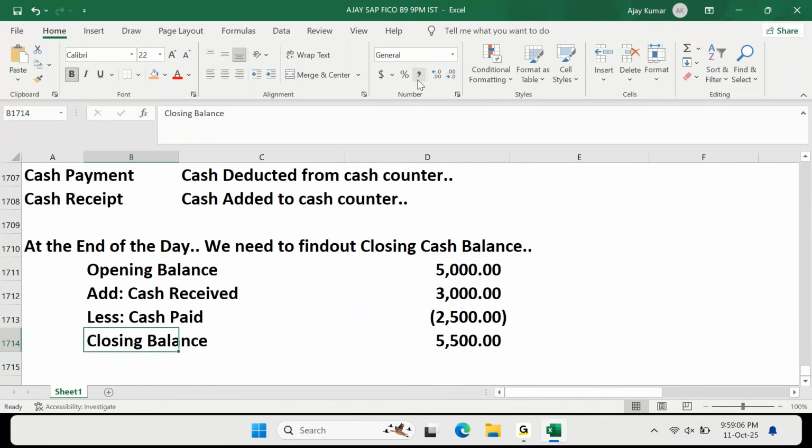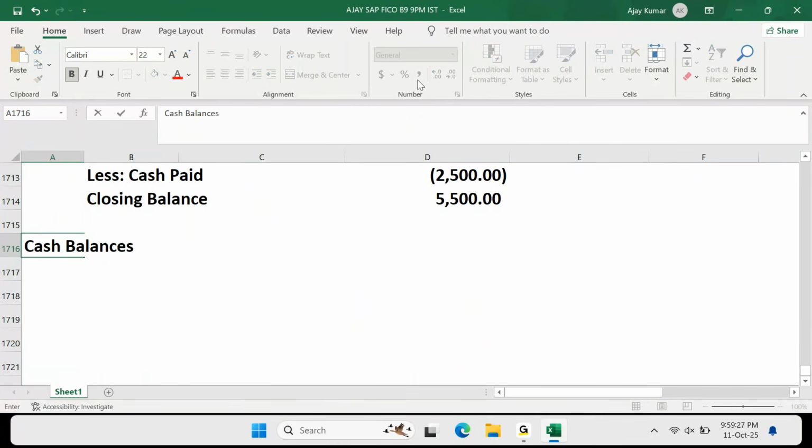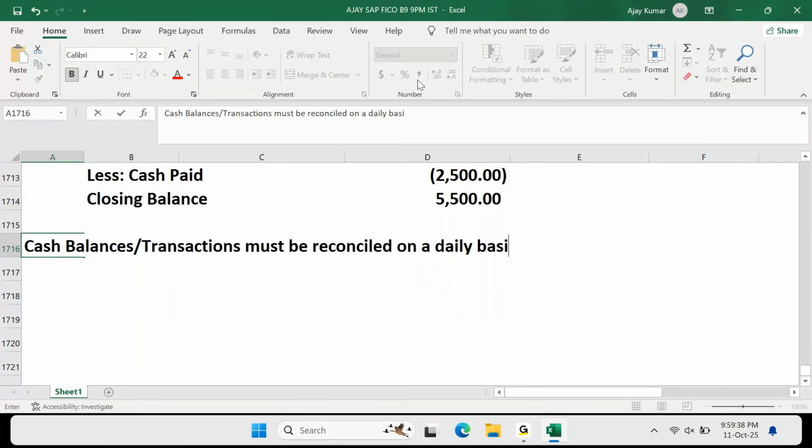Now, on the cash, you need to find out the closing balance on a daily basis or on a weekly basis or on a monthly basis. What is required? Daily basis. You need to find it out on a daily basis, meaning cash balances or transactions must be reconciled on a daily basis.